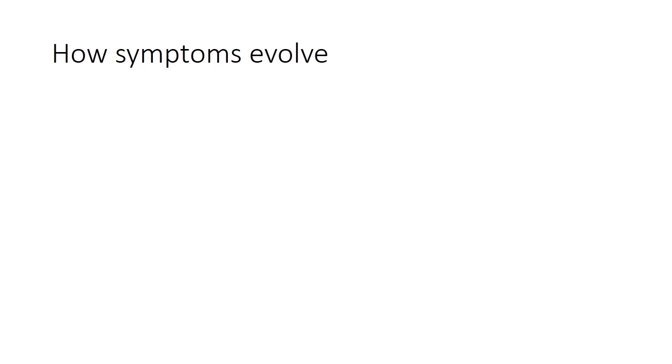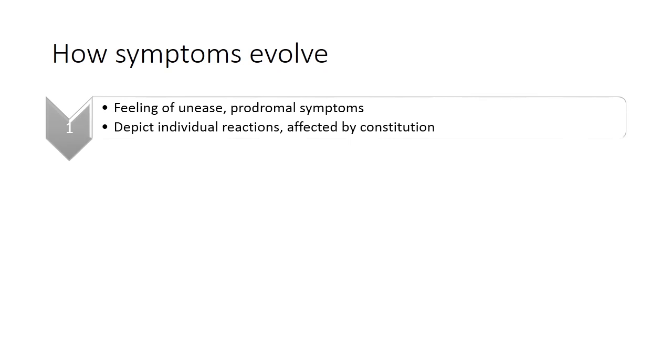Now, back to symptoms, let us see how symptoms evolve. They evolve in stages. So the first stage is that a person has a feeling of unease and what is known as the prodromal symptoms. This is a stage when they depict individual reactions and they are mostly affected by the constitution of the person. So they are very important.